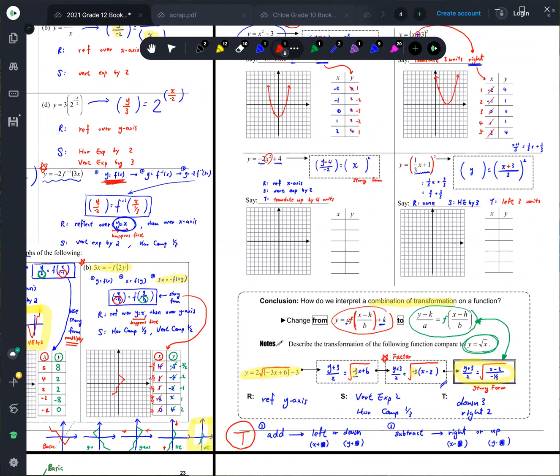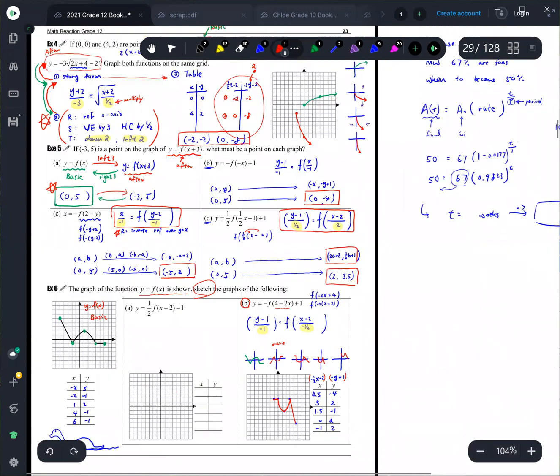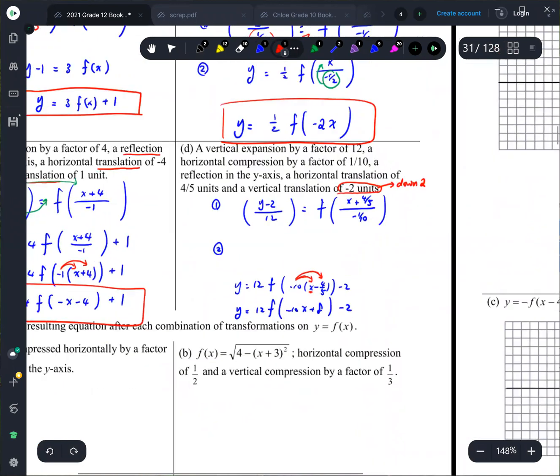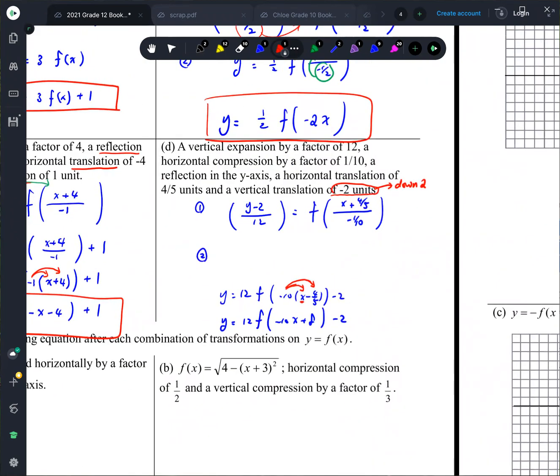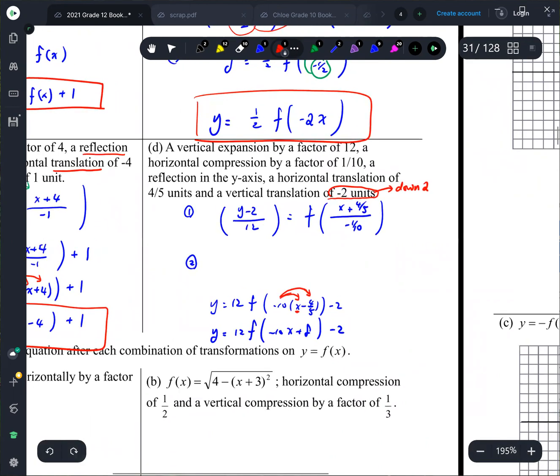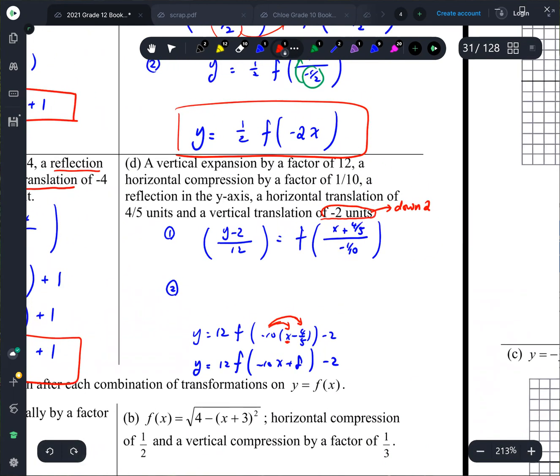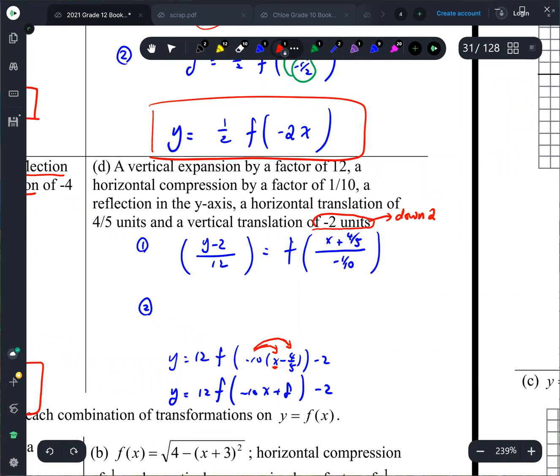If it's adding, what does it represent? It's left or down. Yeah, left or, oh, down so will be right and up, sorry. So if it's subtracting, what would it be? If it's subtracting, it would be up. Yeah. So here we want to make it go down 2, right? So it should be adding. Yeah, so it should be y plus 2, okay?